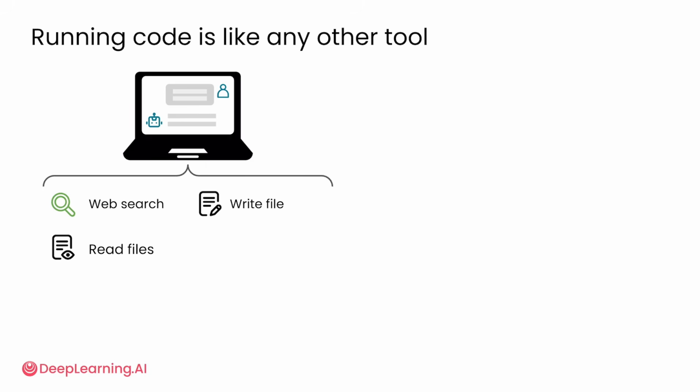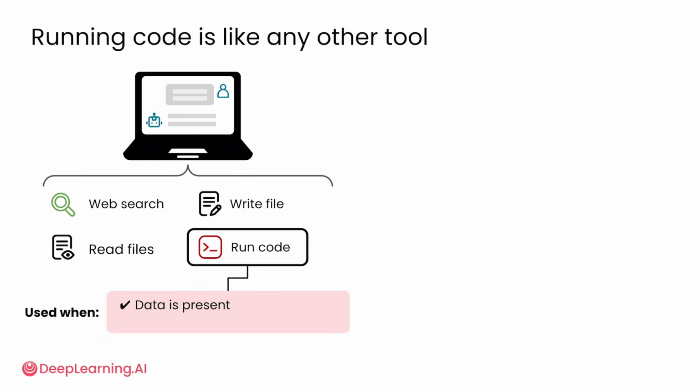And some AI models also have a tool to run a computer program or to run code. And this capability will often be used when data is present or when some sort of calculation or some sort of plotting of a graph is needed. In that case, the AI could generate a bunch of code and then use this tool to run the code in order to generate a result for the user.